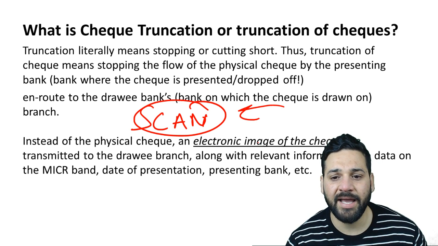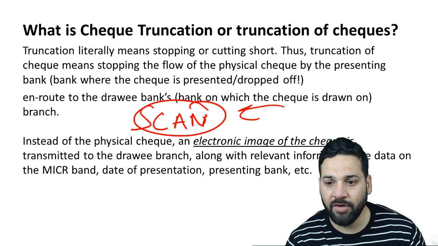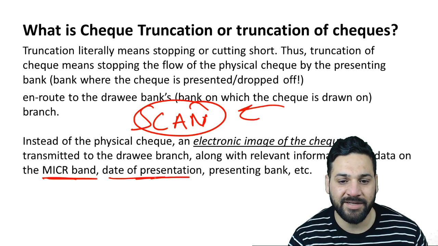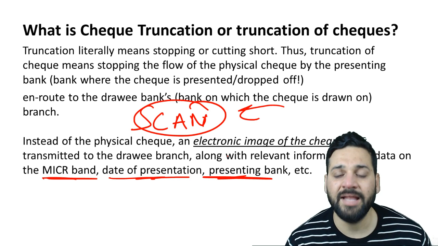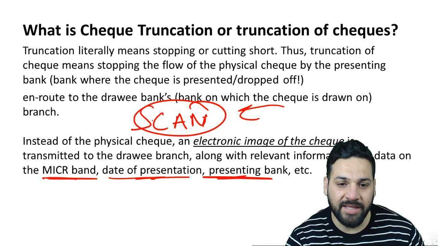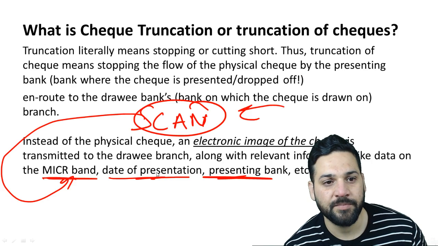Instead of the physical check, an electronic image of the check is transmitted to the drawee branch along with information like data on the MICR band, date of presentment, and the presenting bank. So it is scanned along with the MICR band, date of presentment, and the presenting bank, right?